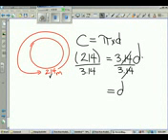And plugging that into my calculator, 214 divided by 3.14 equals 68.15. It's a little bit more, but we only take it to 2 decimal places.